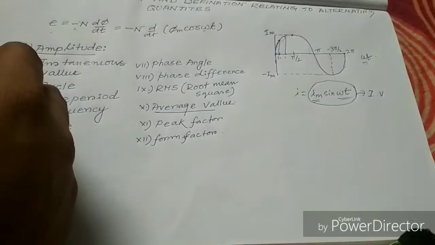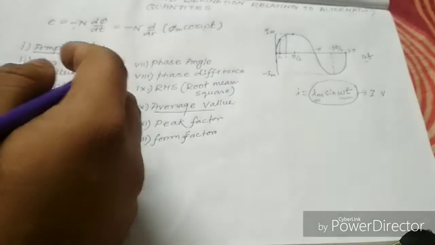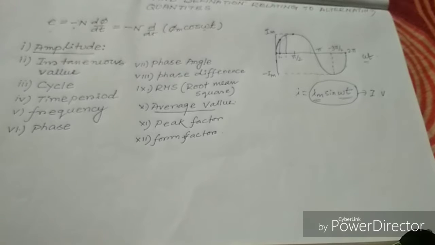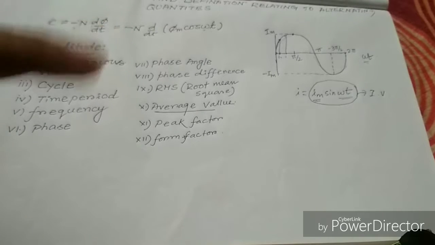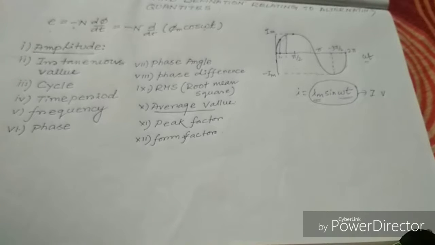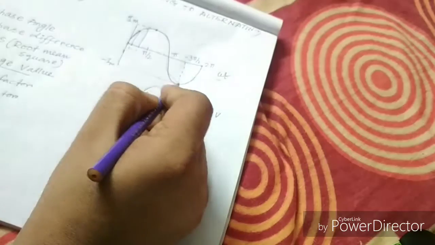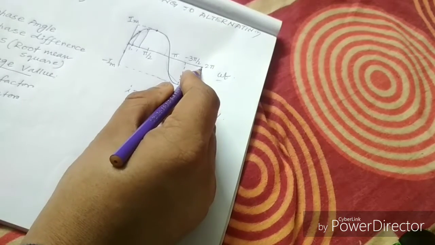Next I am going to time period. What is time period? It is the time required by an alternating quantity to complete one cycle. One cycle requires some time to complete, and this is called the time period. So for the value of omega t, in which this cycle is completed, is called the time period.